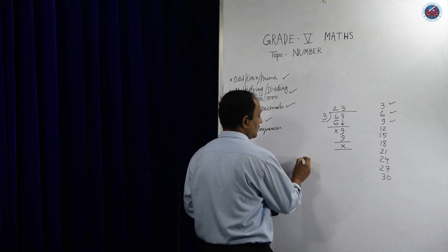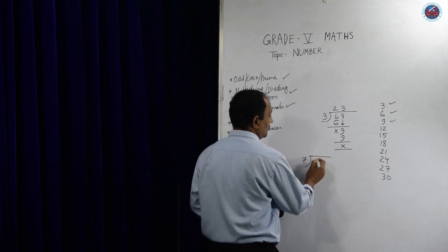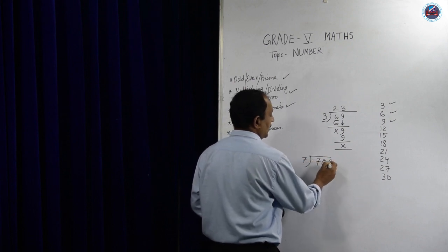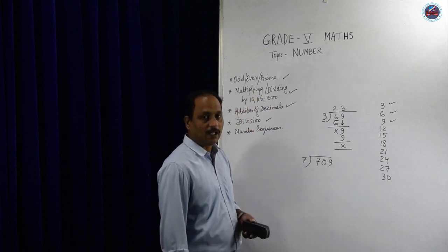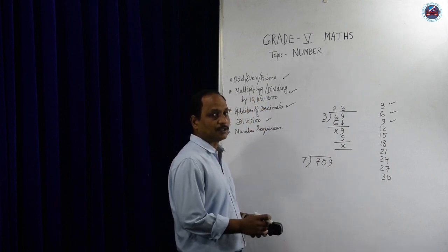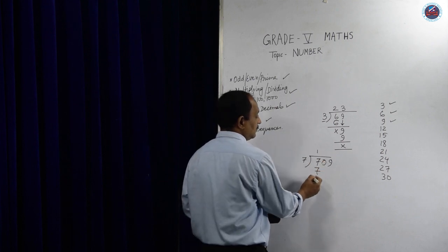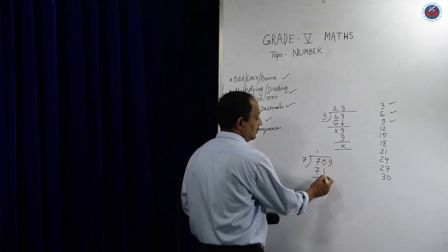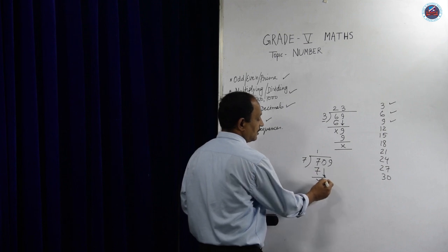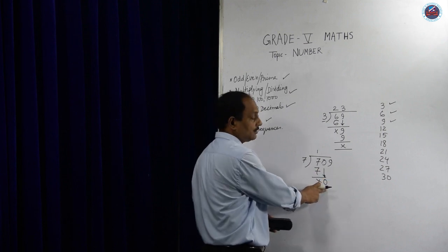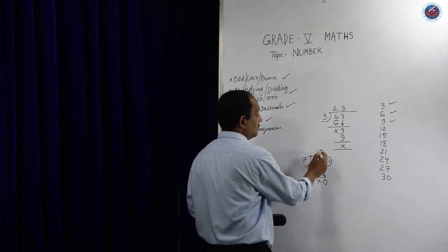Suppose here is given 709. How to do it when zeros are also there? 7 1s are 7. 0 is coming here. Now 0 is no number. So 7 zeros are 0.